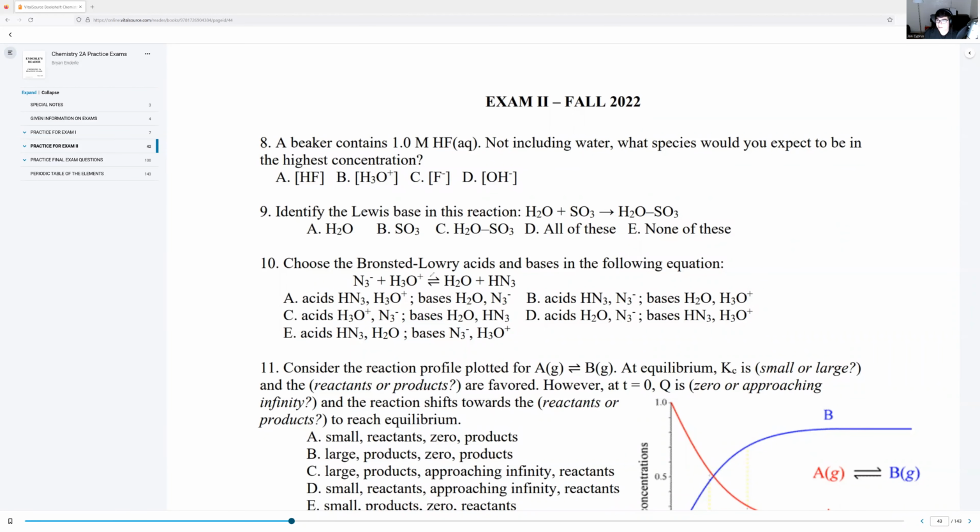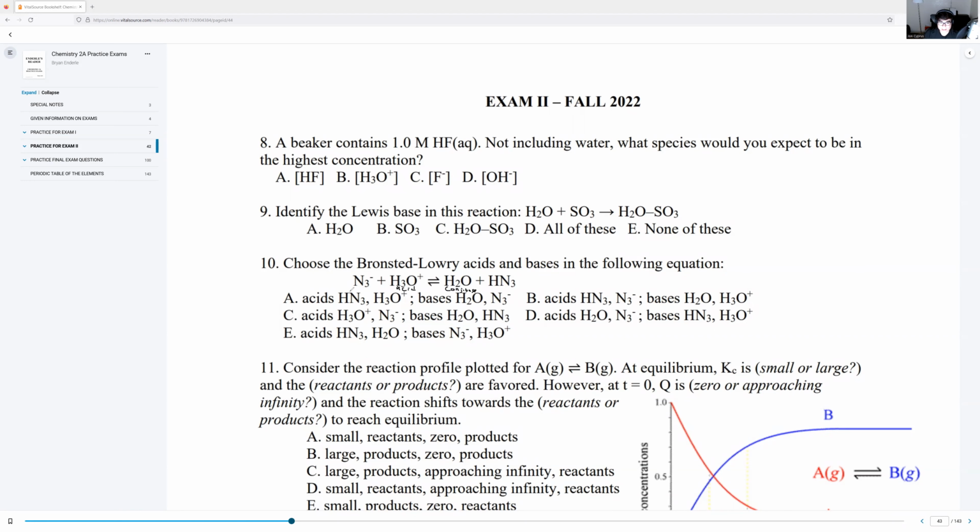So the easiest way to do this is just look where the hydrogen goes. So you have H3O plus, and you have this H2O. So you know that this is the acid and this is its conjugate base, because it loses the hydrogen.